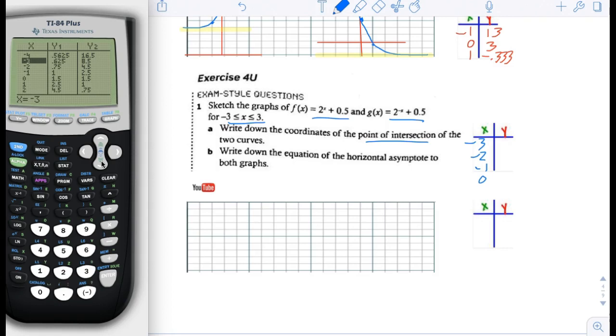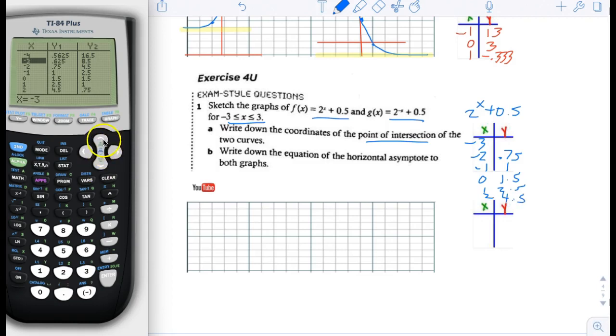And for the first function, which is 2 to the x plus 0.5, we got very small numbers at -3, -2, and -1. We get 0.75 for -2. We get -1, 1. We have 0, 1.5. We have 1, 2.5. And we have 2, 4.5.